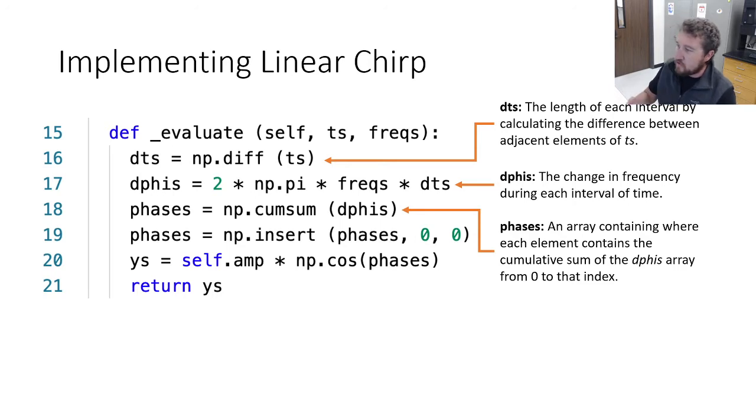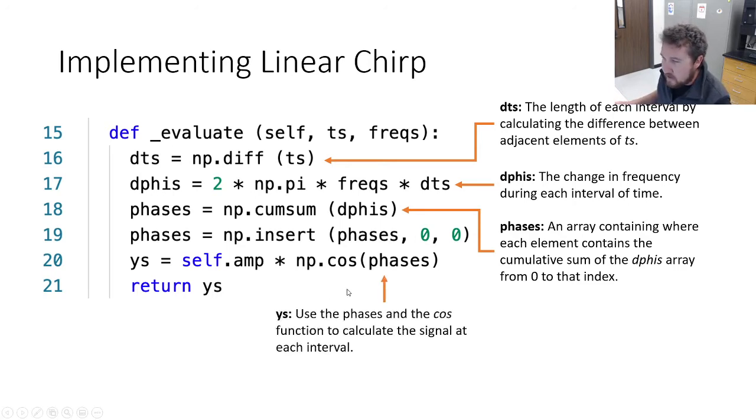So we're pushing the signal forward at every step. And then we need to add a 0 in the very beginning, so we insert a beginning phase right there. And then finally, ys is where we calculate the signal. We create an array that is the amplitude, which we defaulted to 1, times the cosine of each of those phases. So this is going to create our signal that's changing in frequency as we progress in time.